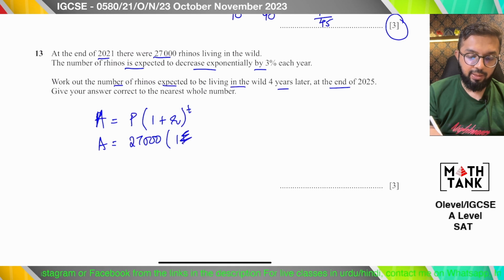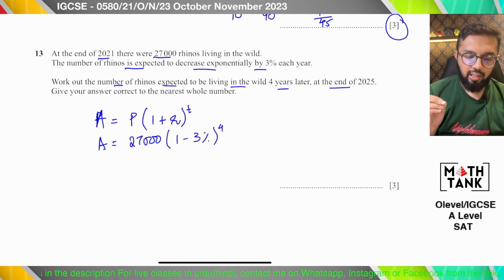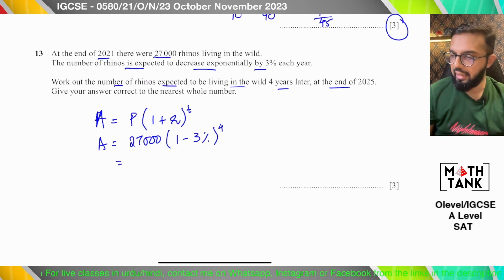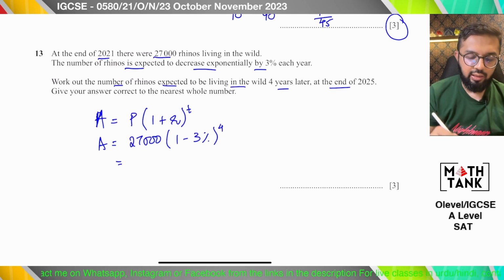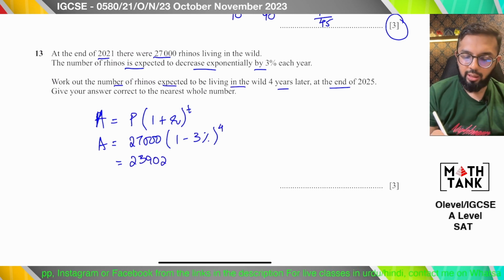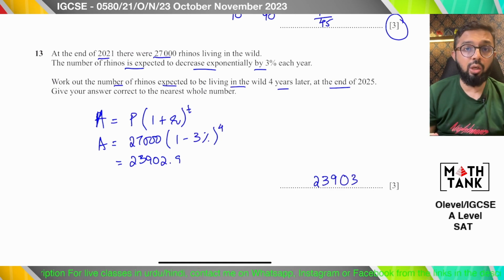I want to decrease by 3%. So I'm going to say 1 minus 3% to the power 4. And I'm going to use my calculator to do that. And I get 23902.9. So the nearest whole number is 23903.